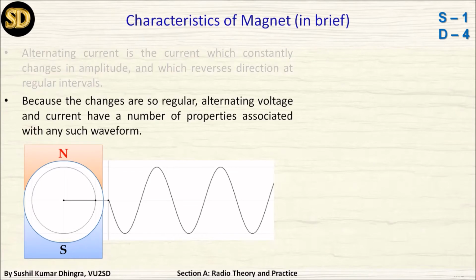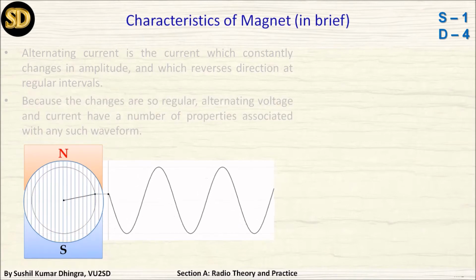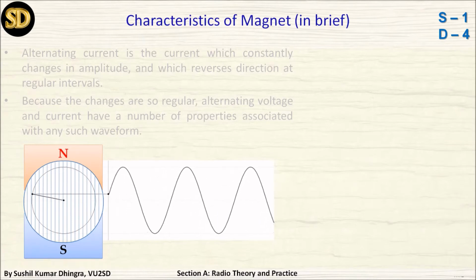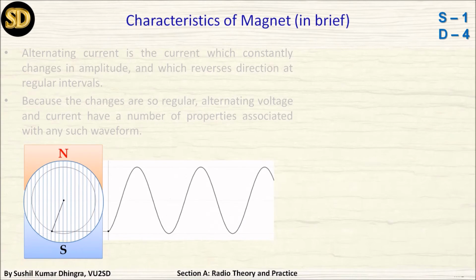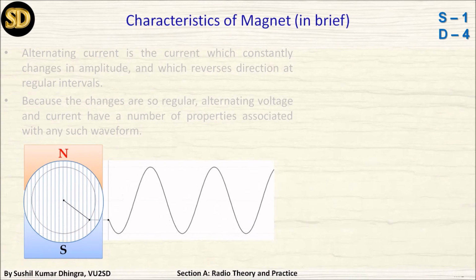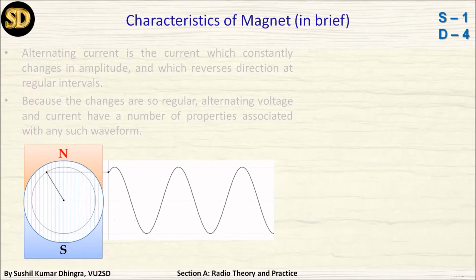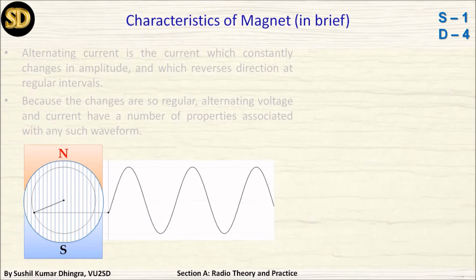It will generate a voltage. You can see the diagram. The moment a coil or armature is moving inside, it is cutting the flux, and this cutting of the flux results in generation of AC voltage, which you can take out and use.